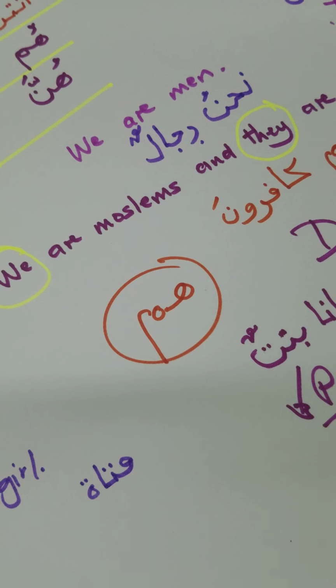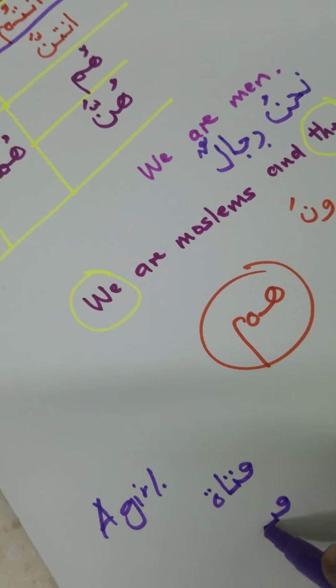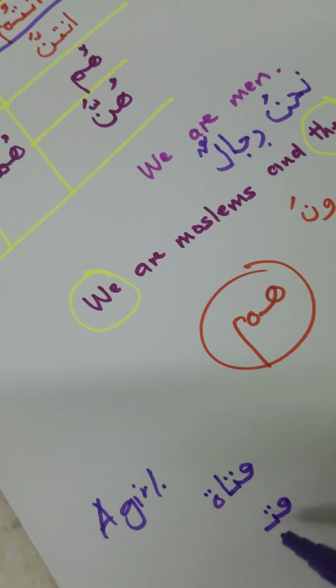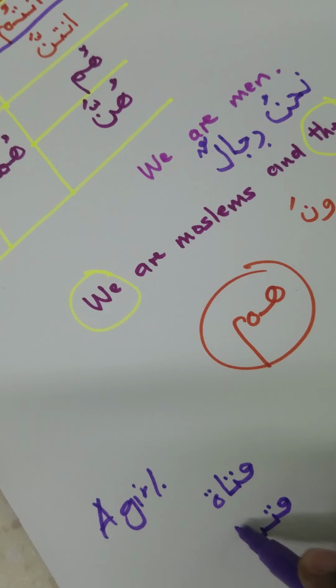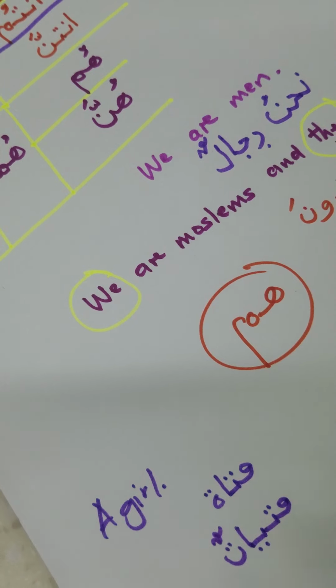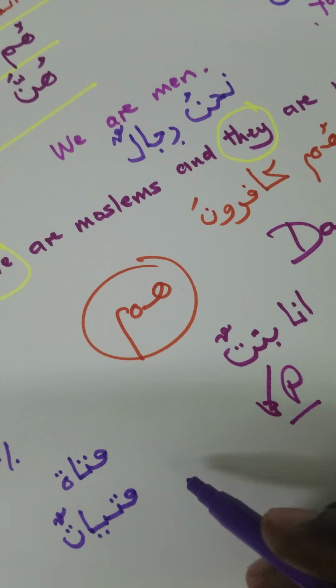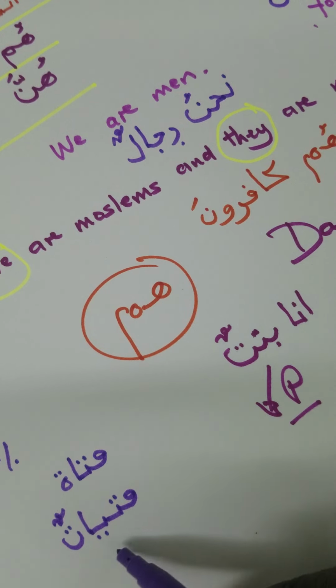If there are many girls, then it can change, and it becomes fatayatun. Okay, so if you say we are girls, you can use nahnu.